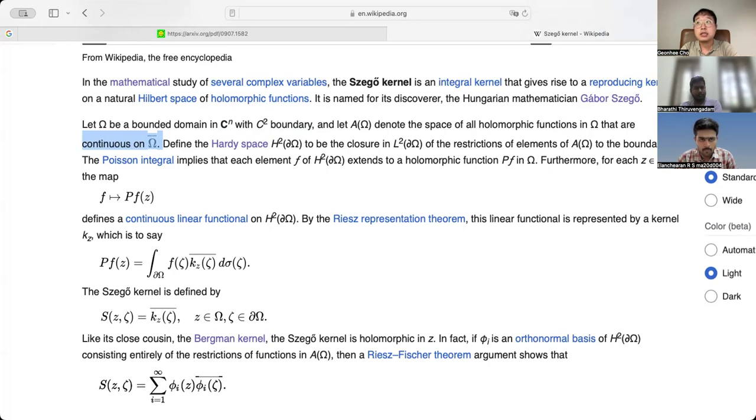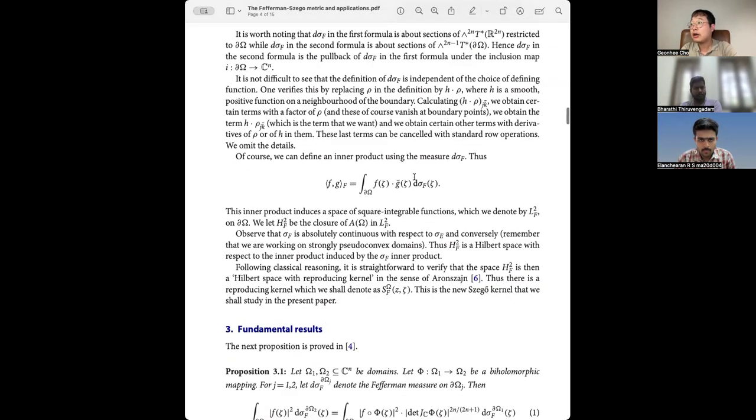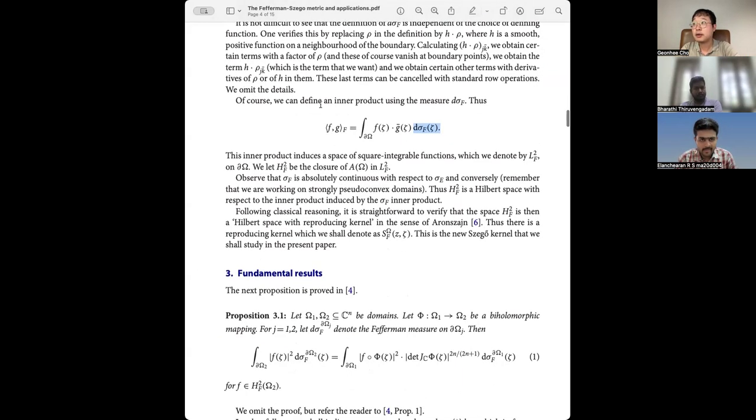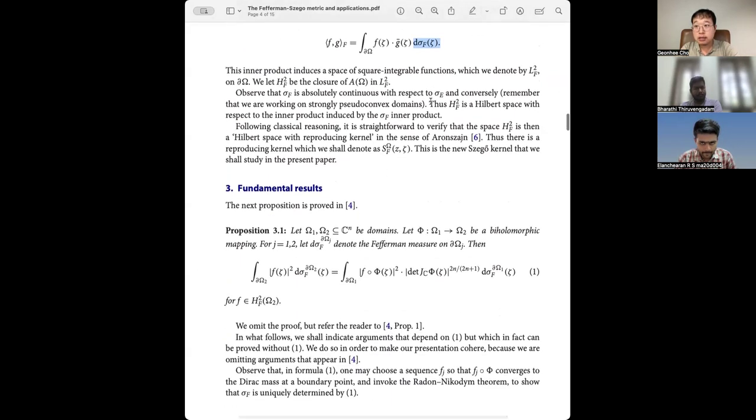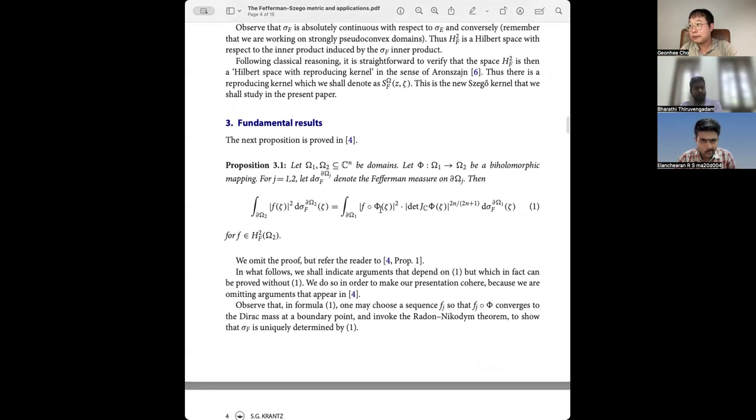But if we now look at this, we would like to change the measure from the Lebesgue measure to the Fefferman measure, so that we change the sense of the L2 space first. For the Lebesgue measure, this property is satisfied for the Bergman kernel, whereas for the Szego kernel, this property is no longer satisfied.